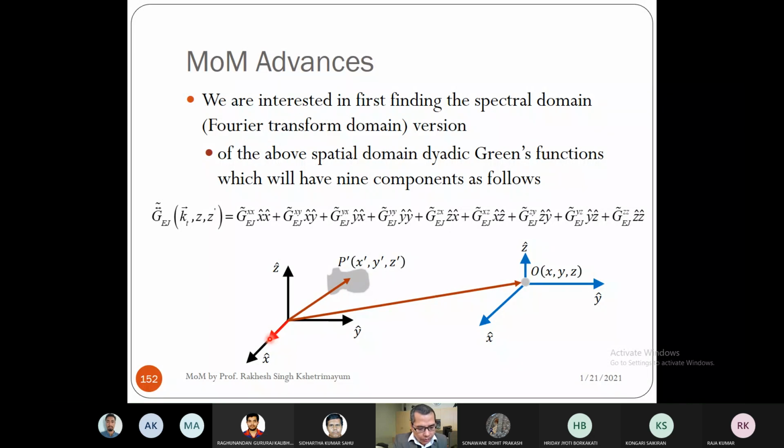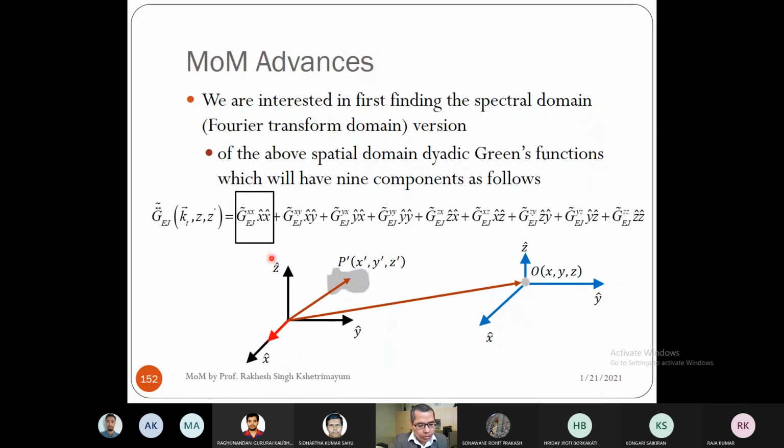I can observe at point O for 3 different cases. First, I can observe the field along the x-axis because of this delta function directed along the x-axis. That field is called GXX. GXX is the electric field we are observing at the observation point O, its observation is along the x-axis, and the current density we are considering is directed along the x-axis.